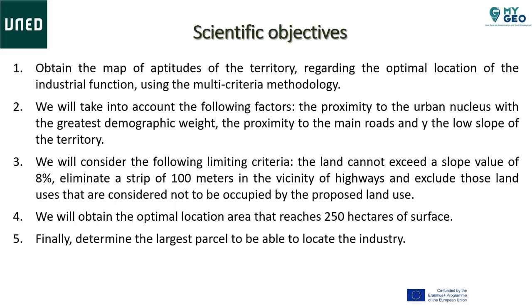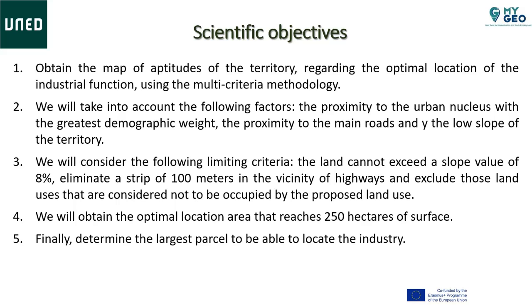In this module, we are going to try to obtain the map of aptitudes of the territory regarding the optimal location of the industrial function for the area near the city of Elche, Alicante, using the multi-criteria methodology. To do this, we will take into account the following factors.